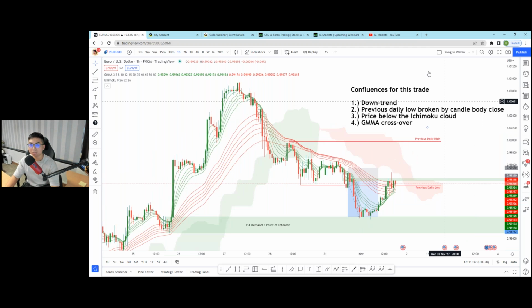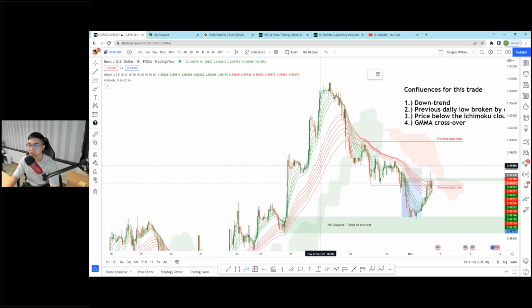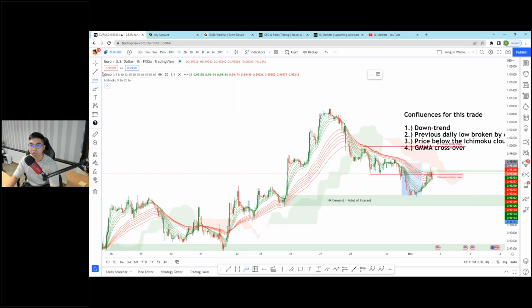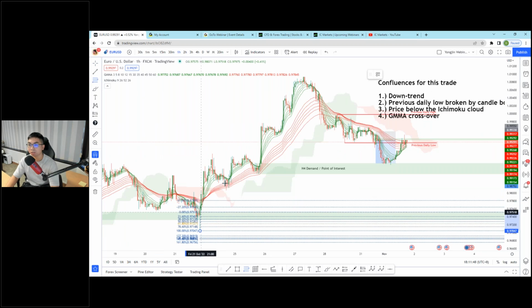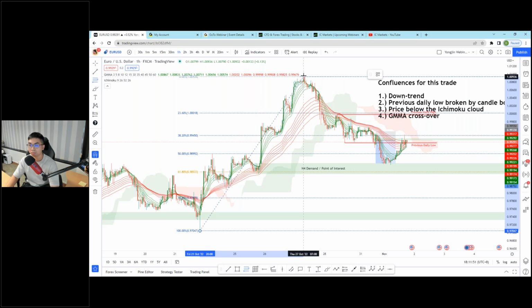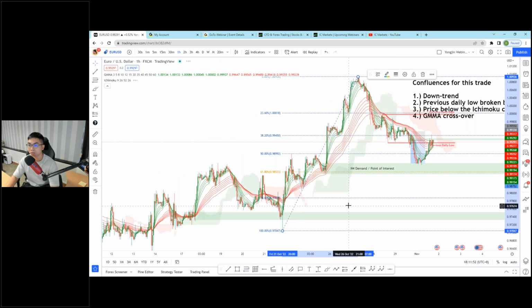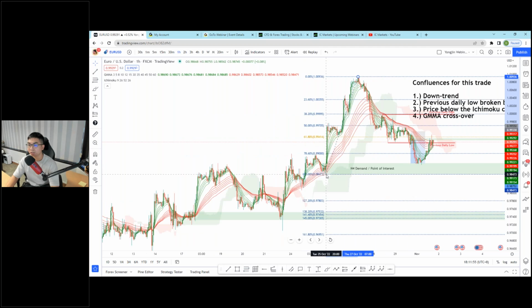maybe we can draw a Fibonacci line from the bottom up. Let's take a look, maybe there might be an area there. Okay, there isn't anything pretty clean there.